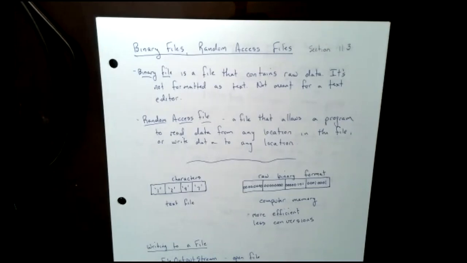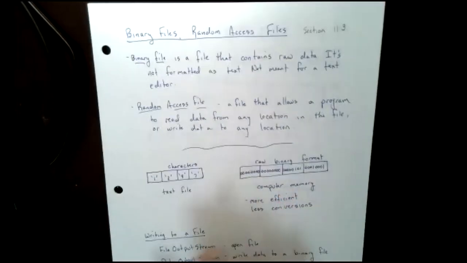But the world of big data is coming. So one of the things you're going to be doing more and more is working with data files, and text files aren't the best option because you need to do more conversions than with one of these two choices, either a binary file or something called a random access file.